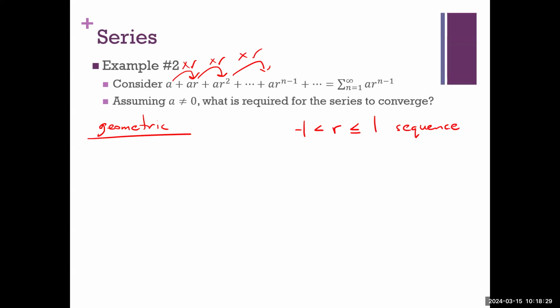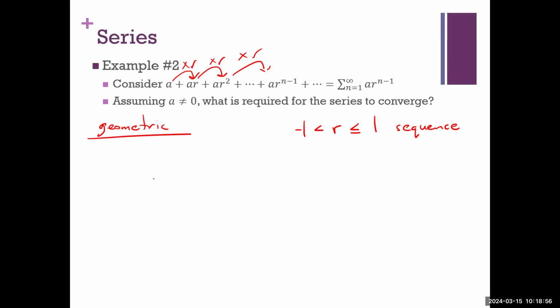Do we think this is still true for the series? Will this series, so the sum, will that sum converge for all these values? I see a head shake for no, which I agree with.